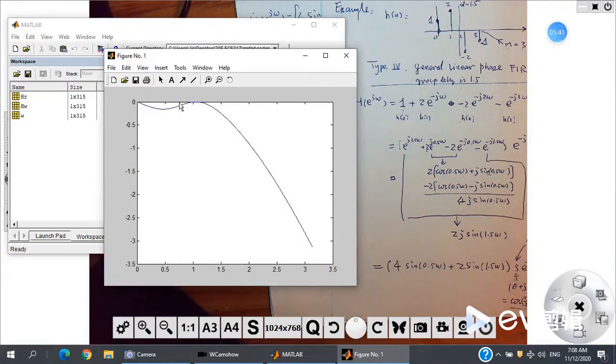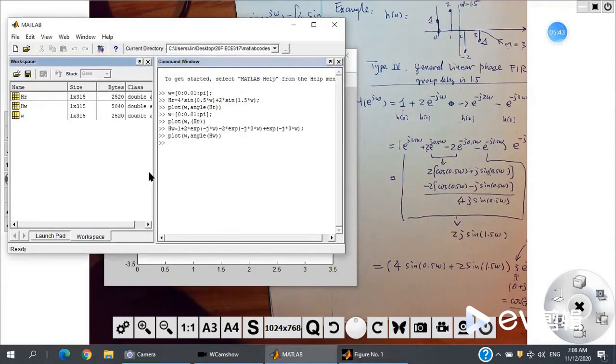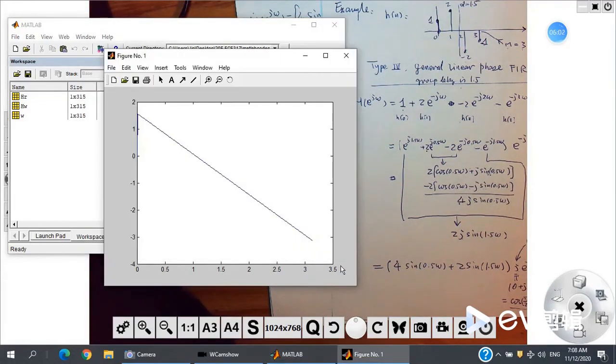Oh, it's a curve. Then I made something wrong. Here's a negative 1. Sorry, it's negative 1. Then I plot it. Should be a straight line. Oh, this is a straight line.